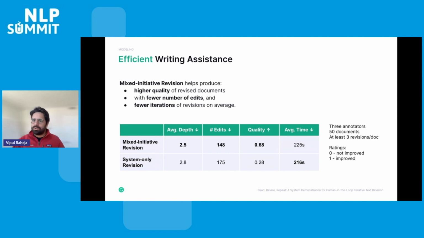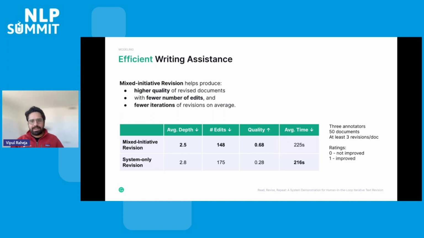The results show that human-machine interaction helps produce higher quality revised documents with fewer edits and fewer iterations of revisions on average. So this validates the effectiveness of our human feedback in the revision process, which can help filter out noisy edits and improve the quality of the final revised documents.